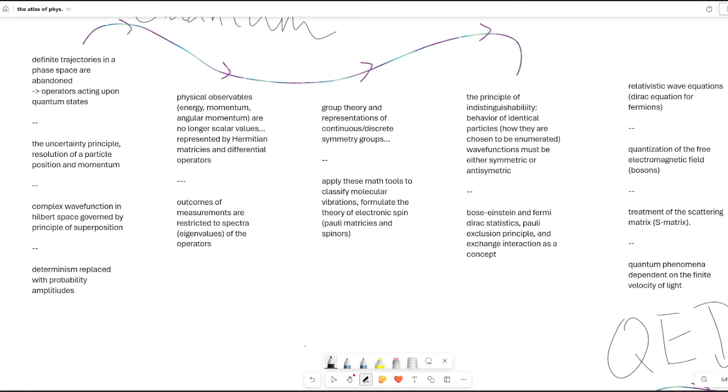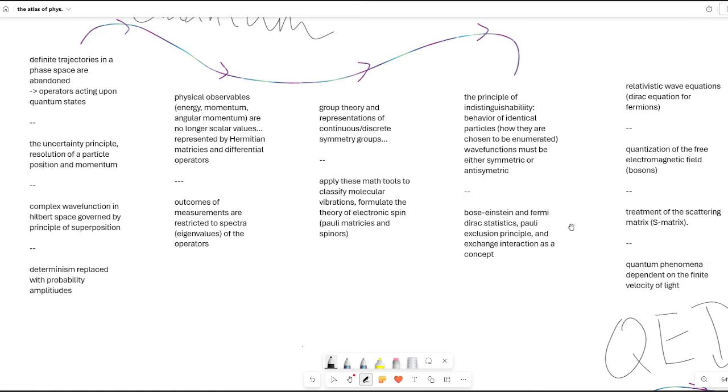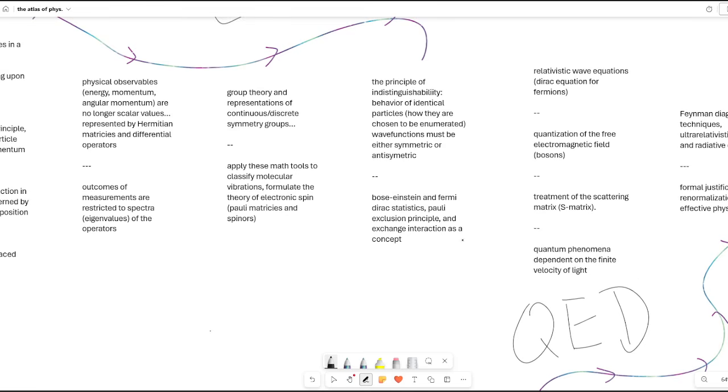Bose-Einstein and Fermi-Dirac statistics both emerge from the fact that you need a vector space for the anti-symmetric or symmetric parts, and for them to satisfy a vector space, it's only possible to have bosons and fermions, which then leads us to quantum electrodynamics.